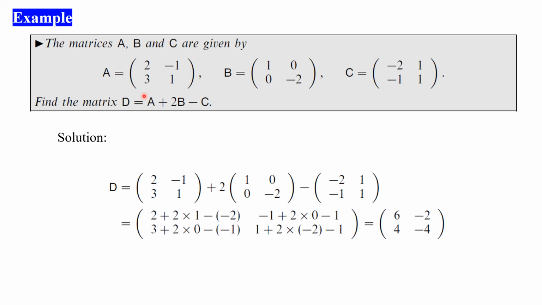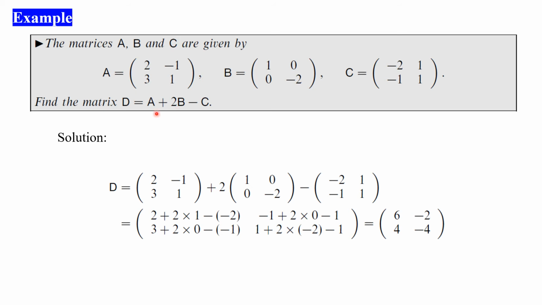So you have matrix A, which is a 2 by 2 matrix with the following elements, and matrix B, also a 2 by 2 matrix with these elements, and your matrix C, still a 2 by 2 matrix with these elements. So find the matrix D, which is equal to A plus 2B minus C.